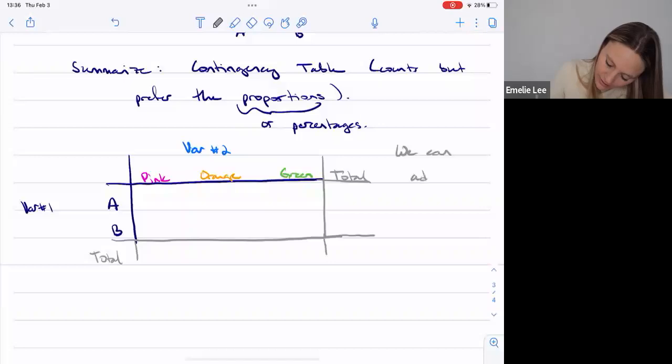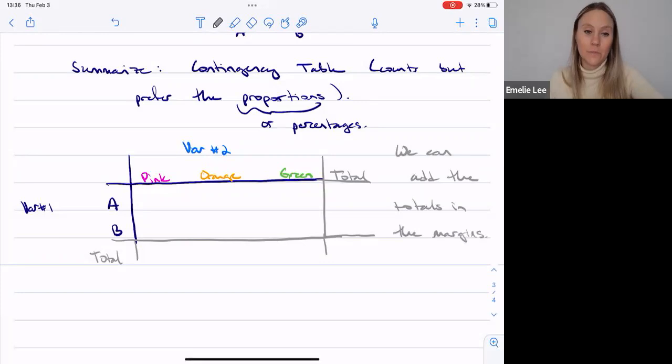We can add the totals in the margins if we want to. I never use this gray pen. Looks fun, but maybe it's hard to read. I don't know. I see it okay though. I won't use it anymore. It's just like one of those ghost things, like we can add the totals if we want to. Okay, so good.